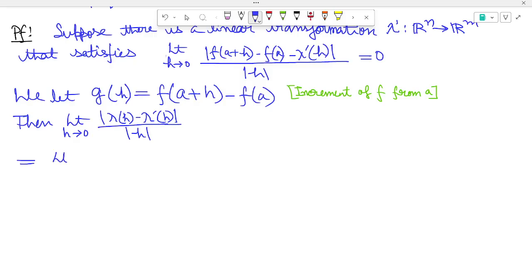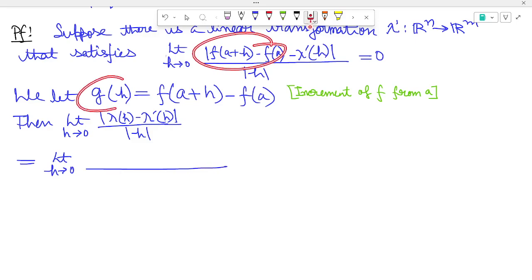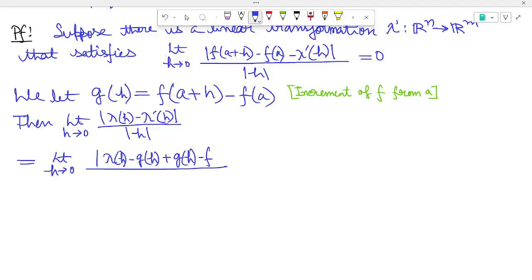I can add and subtract g(h): lambda h minus g(h) plus g(h) minus lambda dash h, divided by h.